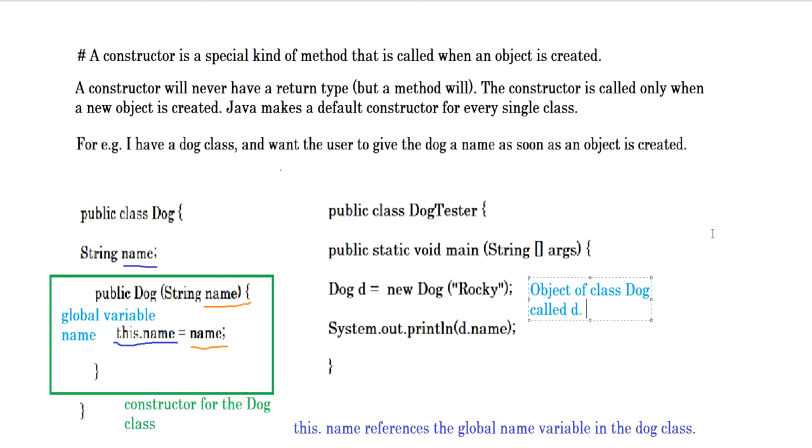So it takes Rocky as input. So that basically means that name is now equal to Rocky. So when we print our d.name, the output that we'll get is basically Rocky.